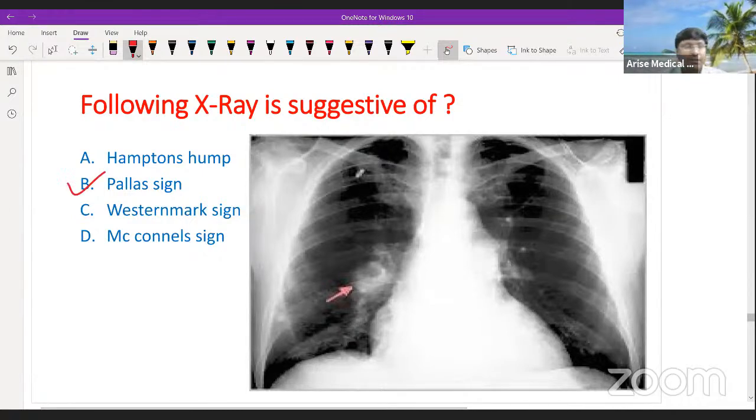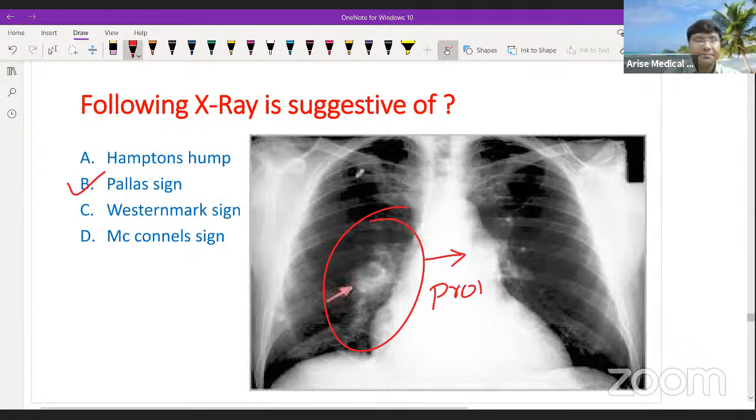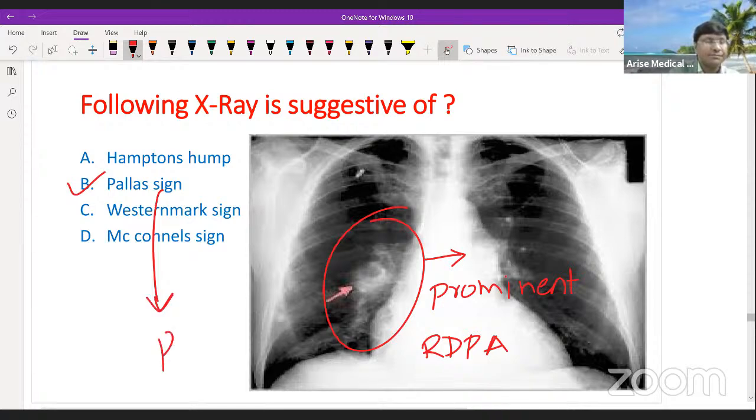The answer is Palla's sign. So what are you observing here? You're observing an enlarged, dilated, or prominent right descending pulmonary artery. And where do you see this Palla's sign? It is seen in patients with pulmonary embolism.